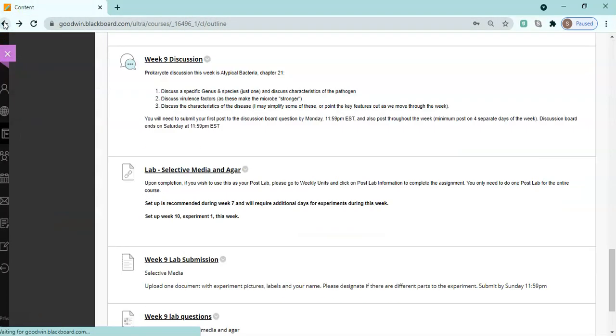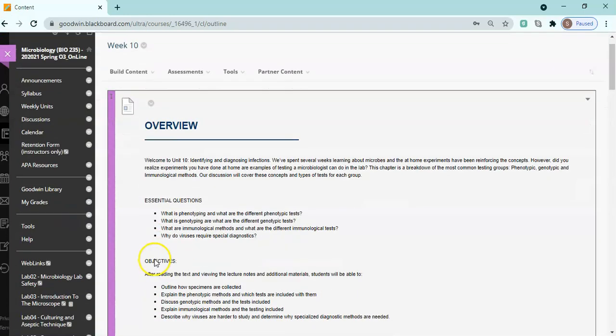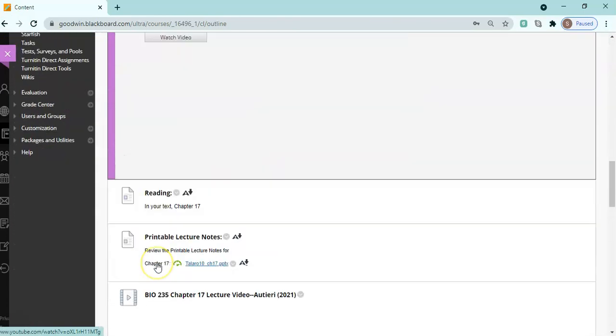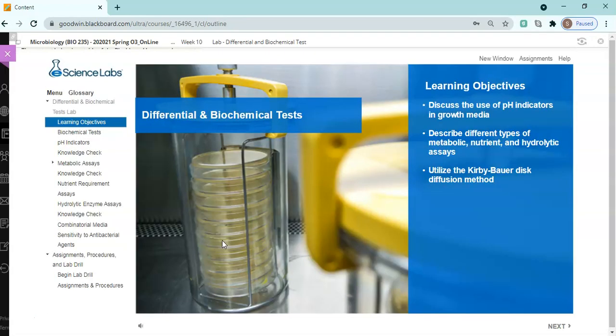All right, going into our week number 10 lab. Week number 10 dealt with the lab on differential and biochemical testing. So this was really the lab that took us into understanding our biochemical tests as well as our pH indicators.